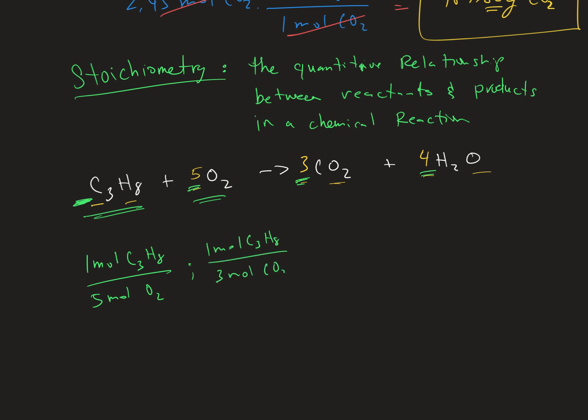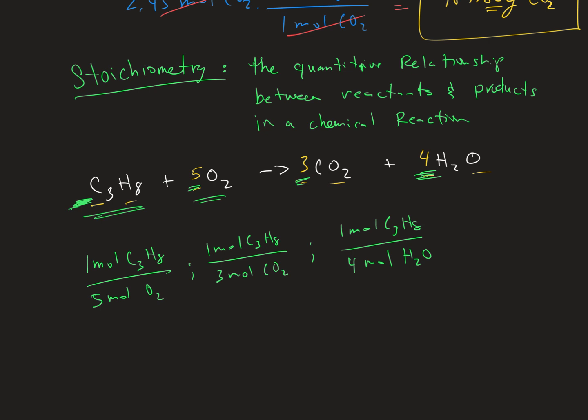You understand where I'm getting these numbers from? Then you tell me the next one. 1 mole of C3H8 to every how many moles of water? 4. That's the coefficient in front of water. And the 1 is the coefficient in front of C3H8. Do you all follow me? Talk to me if you don't.